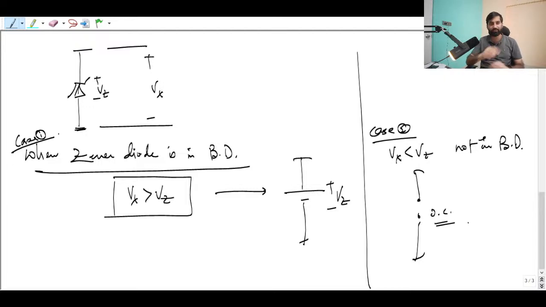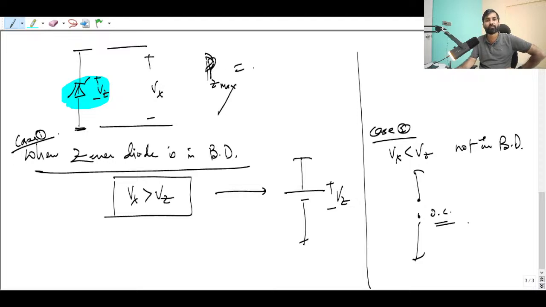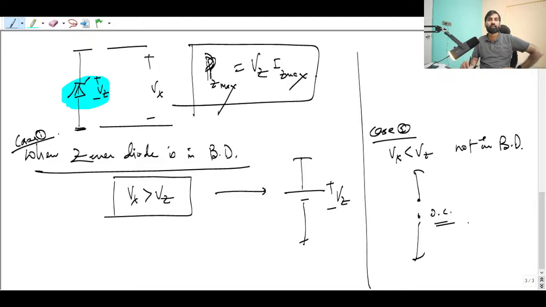Now the question is what will be the maximum power dissipation. I think everybody knows the maximum power dissipation that the Zener diode can have: Pz max is the voltage Vz, which is constant, times Iz max. Now how to compute energy from the power?